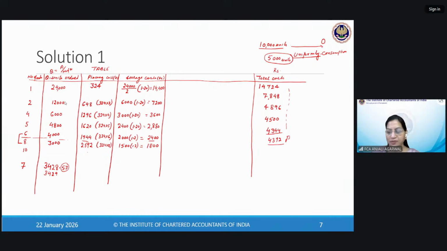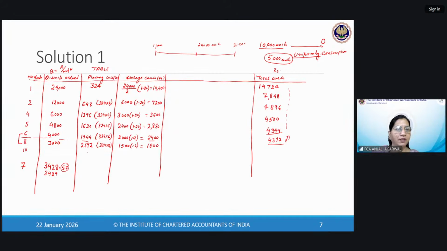Similarly, let's say you place 2 orders. Let's say this is your year from 1st January till 31st December, in which you will be consuming 24,000 bearings or units.